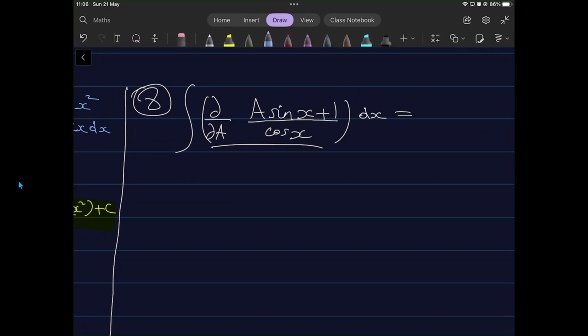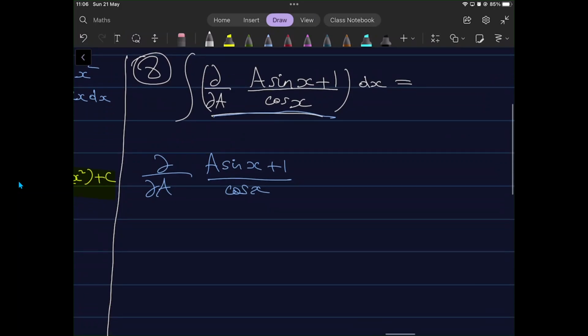So the idea of a partial derivative is you assume that the a variable is independent from the x variable. So, in other words, if you do a partial derivative with respect to a, a will be treated as the variable, x will be treated as a constant. So this partial derivative can be rewritten as 1 over cosine of x, because that's just a constant, multiplied by the partial derivative with respect to a of a sine of x plus 1.